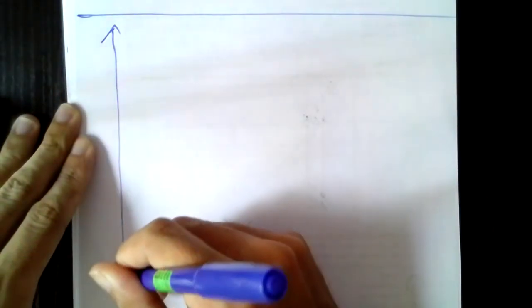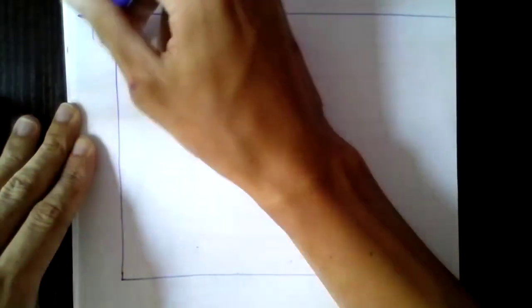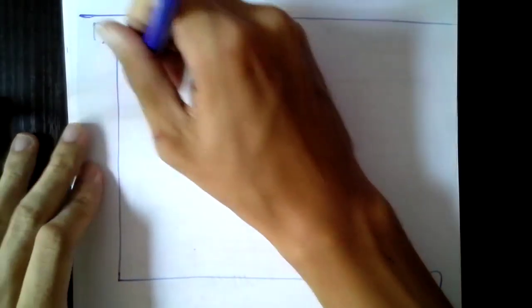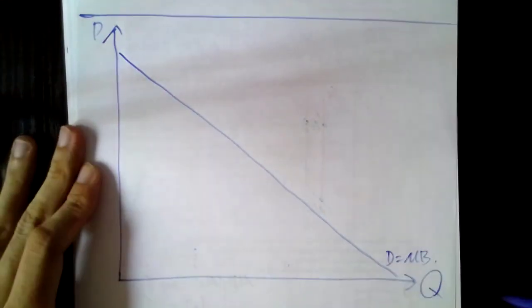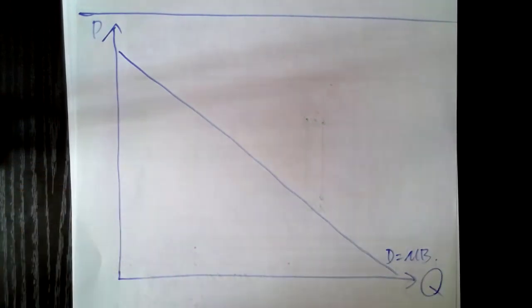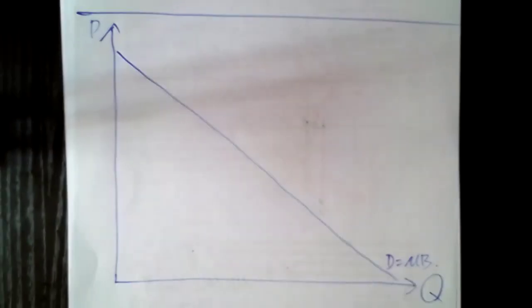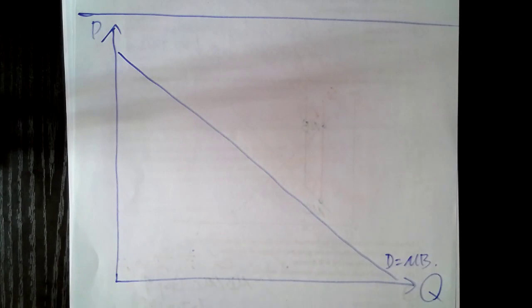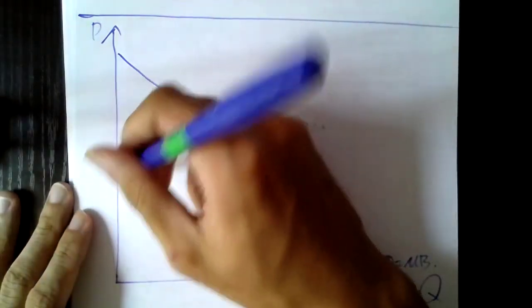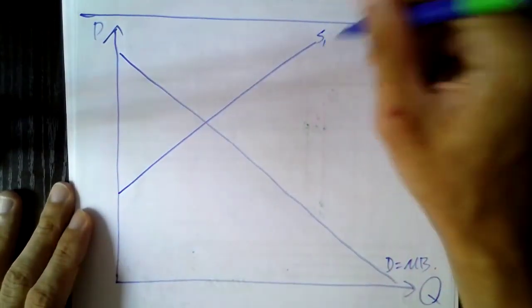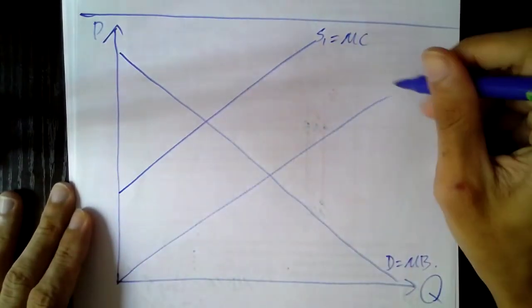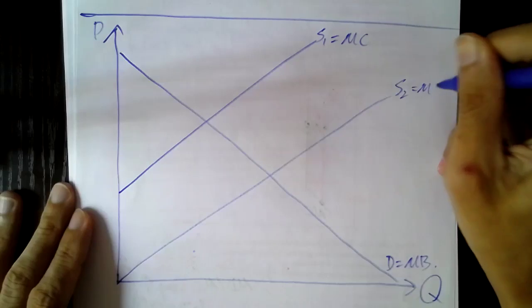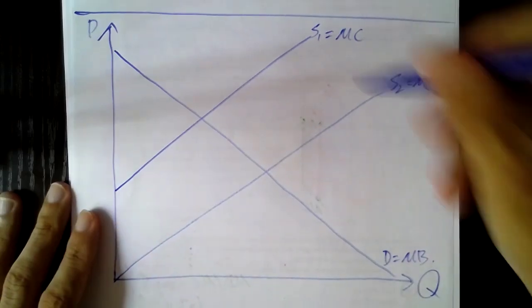Okay, we have our normal demand, which is D equals MB right here. Then here we have our S1 equals MC. And then we have our S2 equals MC plus S. Let's go this way, right?